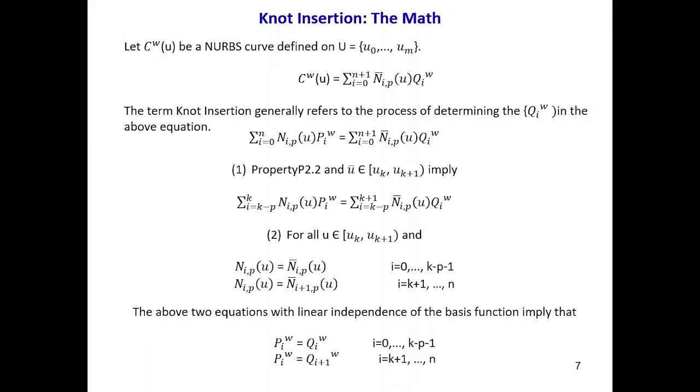The above two equations with the linear independence of basis functions imply that P_i^w is equal to Q_i^w for all i = 0 to k−p−1, and it is equal to Q_{i+1}^w for all i = k+1 to n.